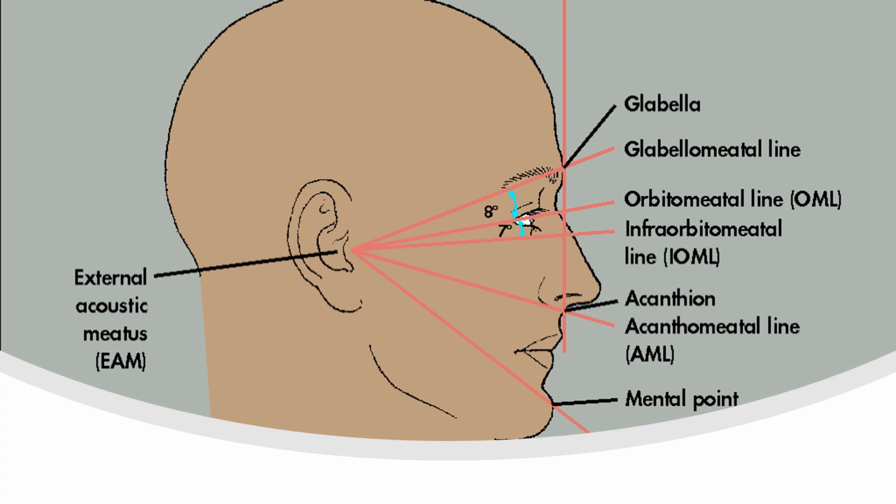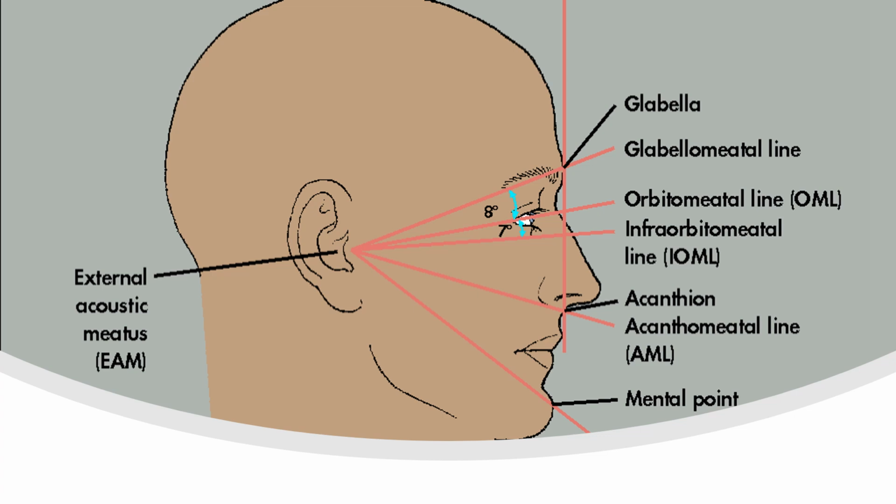So mental meatal line, and then there's the glabelloacanthial line. That one is usually vertical when the patient is in a neutral posture as far as tipping the head forward, tipping the head back.